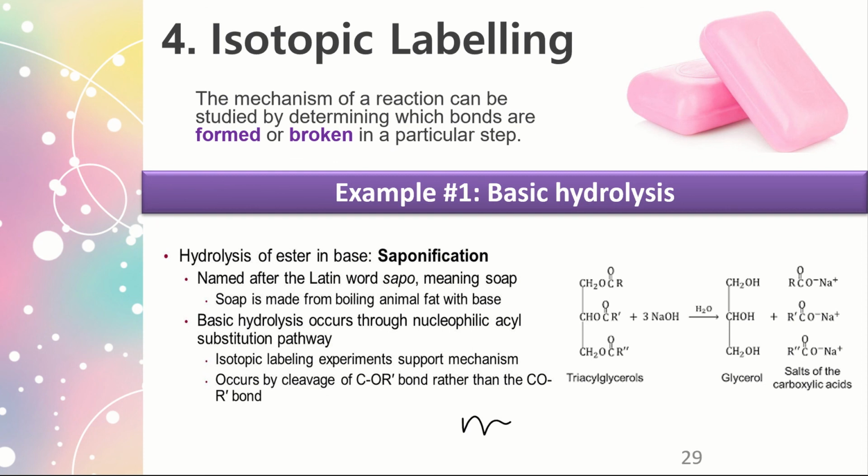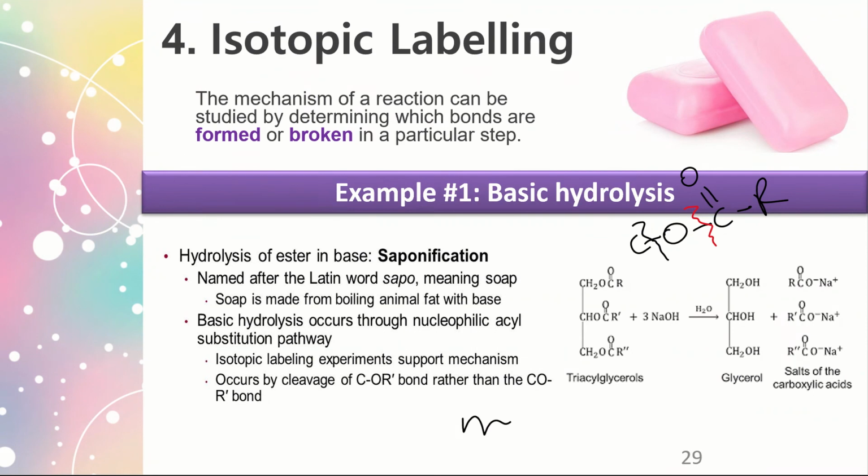All right, so we're back in business. All right, so we have the oxygen. So essentially we want to know which bond breaks, right? So is it this bond, or is it this one, right?